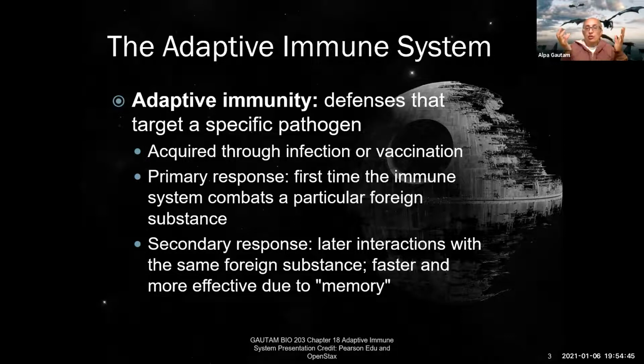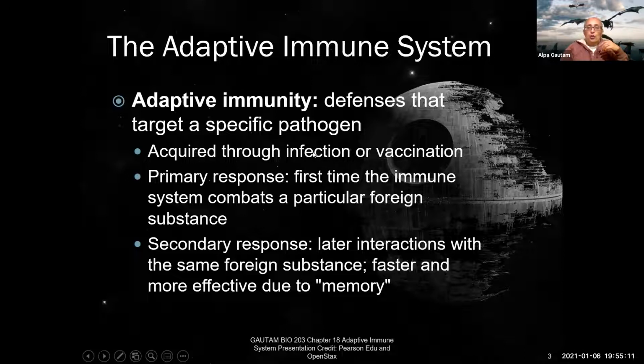So pathogens have specific antibodies or specific B cells and T cells that will recognize them. So adaptive immunity are defenses that target a specific pathogen. It can be acquired either via infection or vaccination.